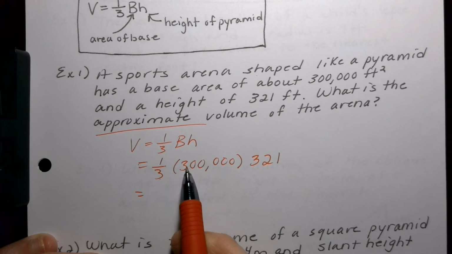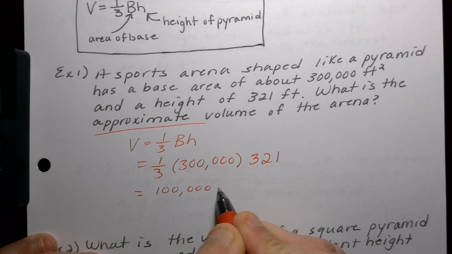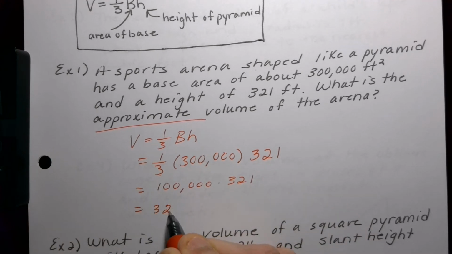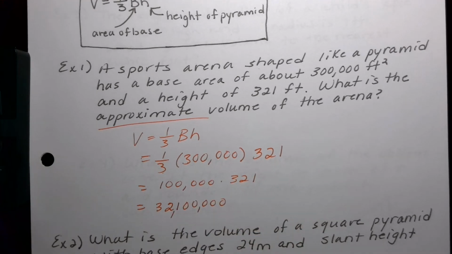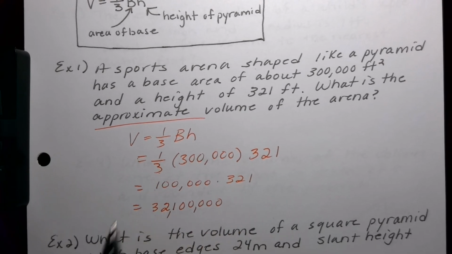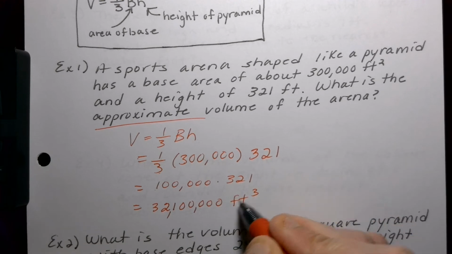And this really simplifies, doesn't it? That's 100,000 times 321, which would be 321 100,000s. Right, because this is 1, and then we need 321 of those. And it is feet cubed.